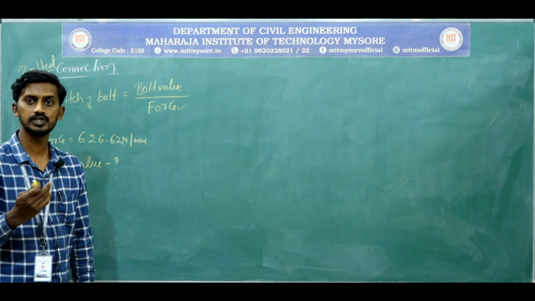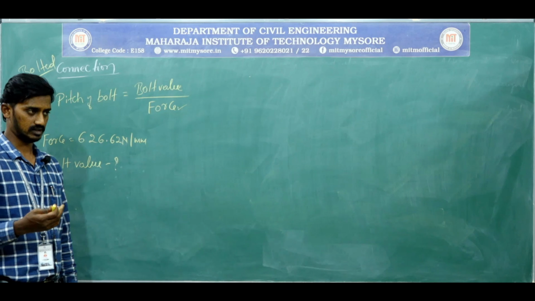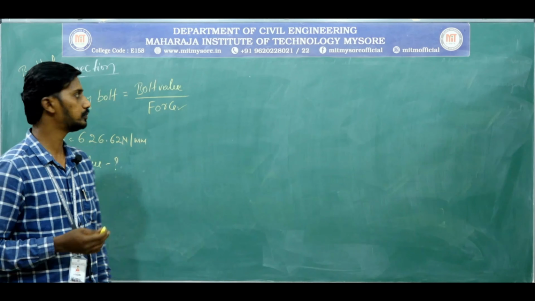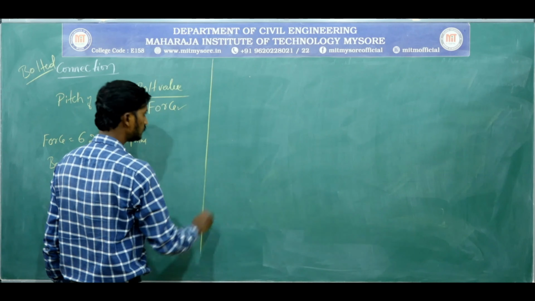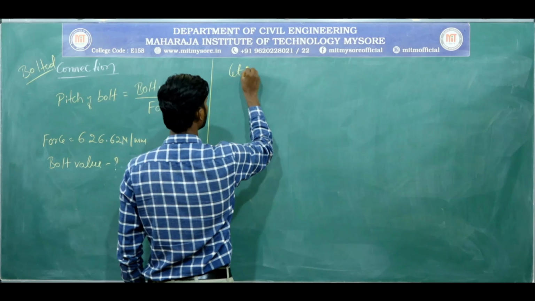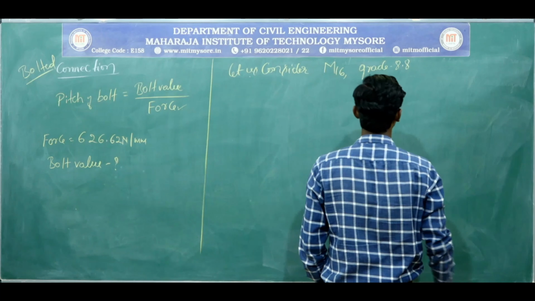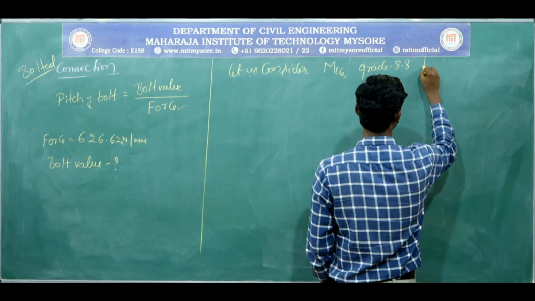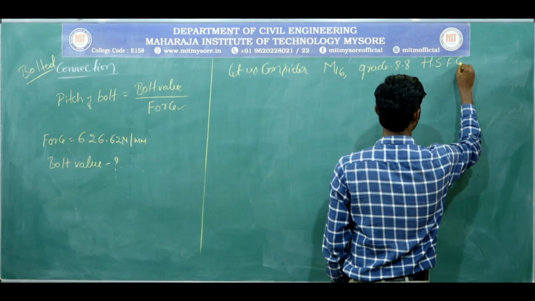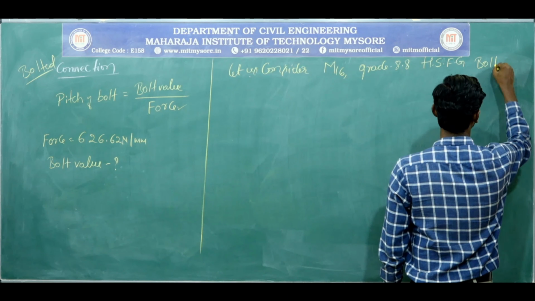To calculate the bolt value, we should first fix the type of bolt we are going to provide. For that, let us consider M16 bolts of grade 8.8 HSFG bolts.